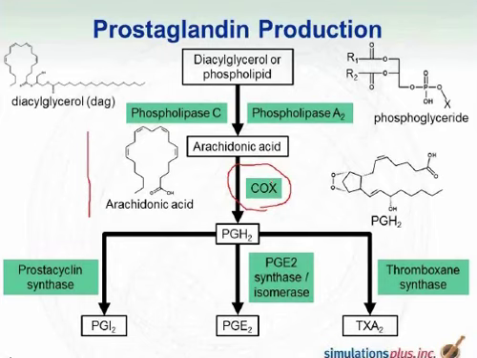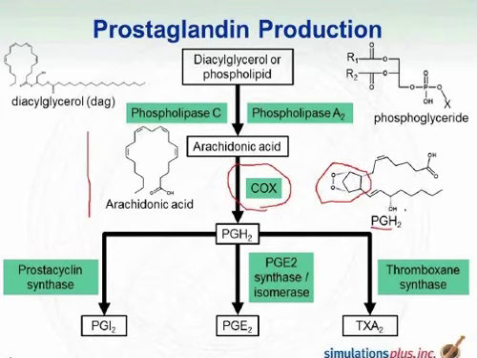Cyclooxygenase actually performs two functions. The first function is to create a cyclic ring, as shown here on the product of cyclooxygenase. When this is created, there's also a peroxide over on this side of the molecule, and the second function of COX is a peroxidase function that converts the peroxide into an OH.